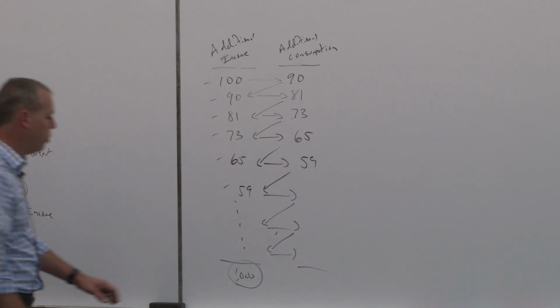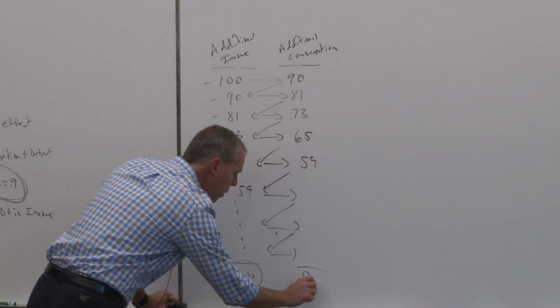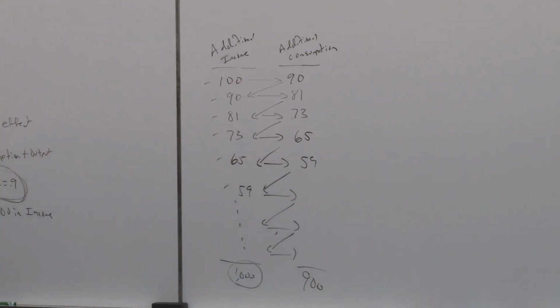And of course, this means we will have seen additional consumption grow by 900. All right? So we have this multiplier that tells us how much a change in these aggregate expenditures is going to change output.